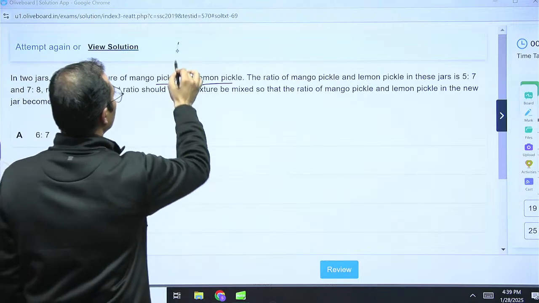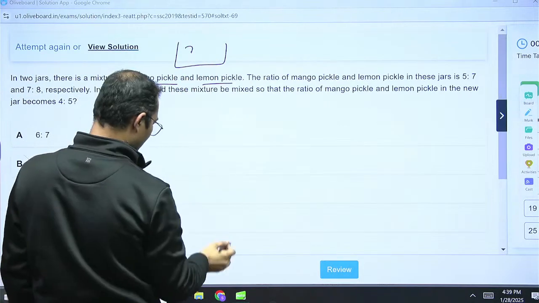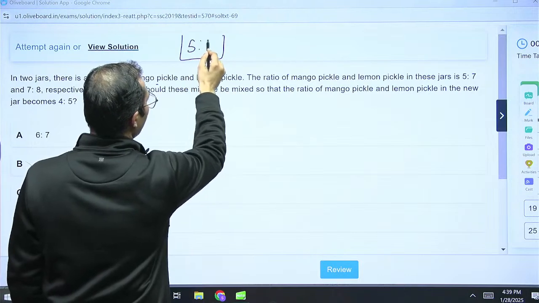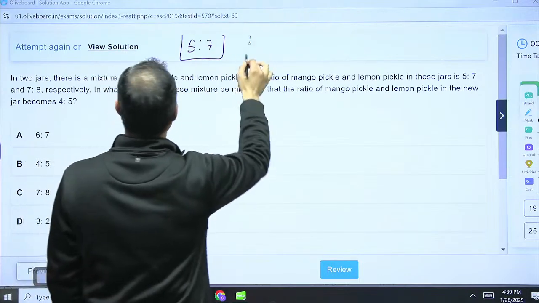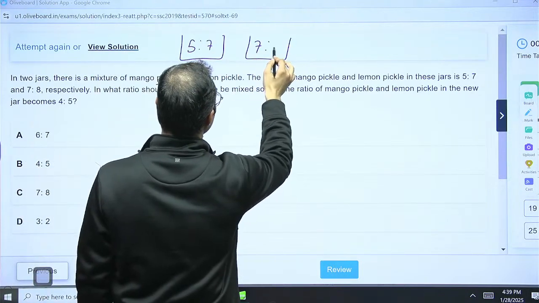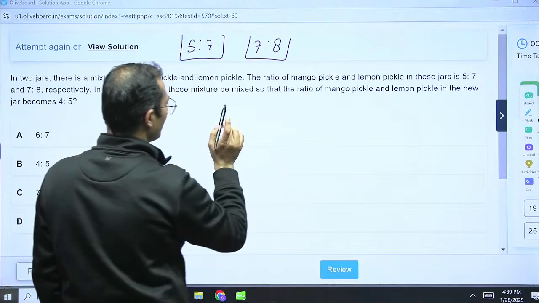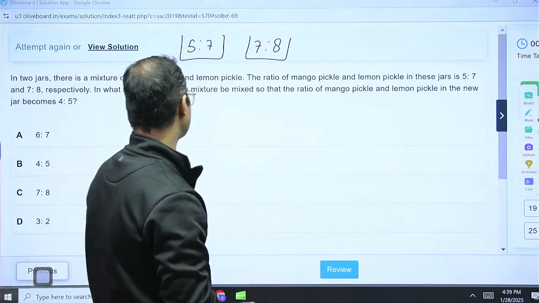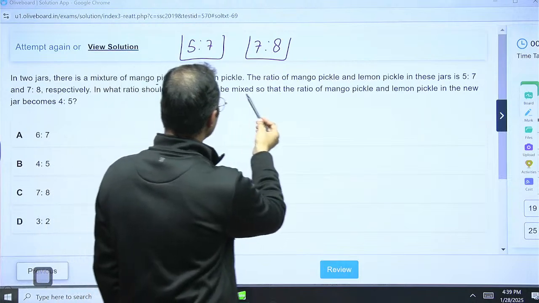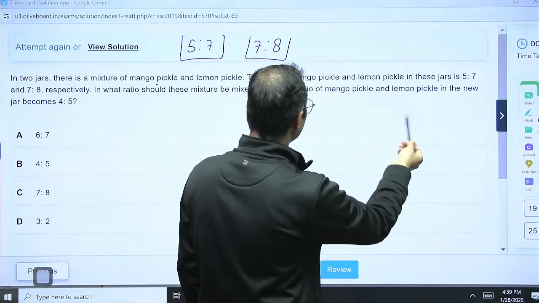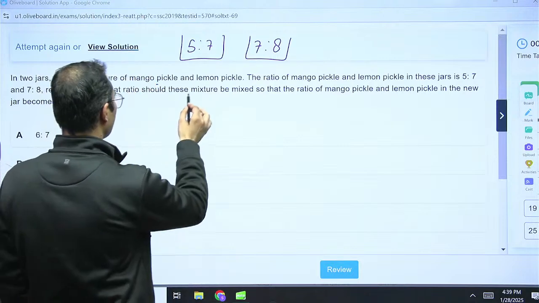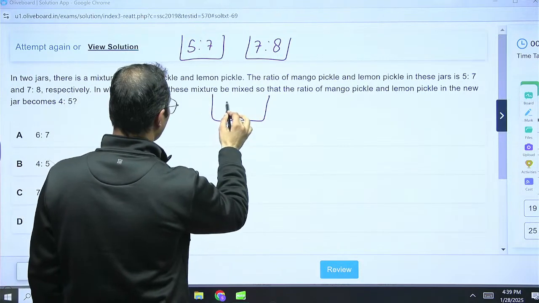See, we have 2 jars, 5:7 and 7:8. Okay, so we can focus on particular one ingredient, right? Now the question is saying, in what ratio should these mixtures be mixed so that the ratio of mango pickle and lemon pickle in the new jar becomes 4:5.